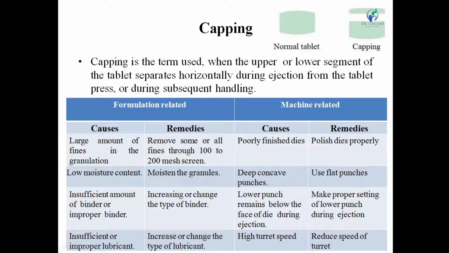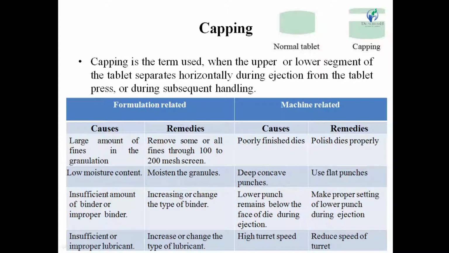First one is formulation related problems and their remedies. A large amount of fines in the granules produces capping. So the solution is to remove some or all of the fines through a 100 to 200 mesh screen. Next is lower moisture content, which produces capping. So the solution is to moisten the granules properly.